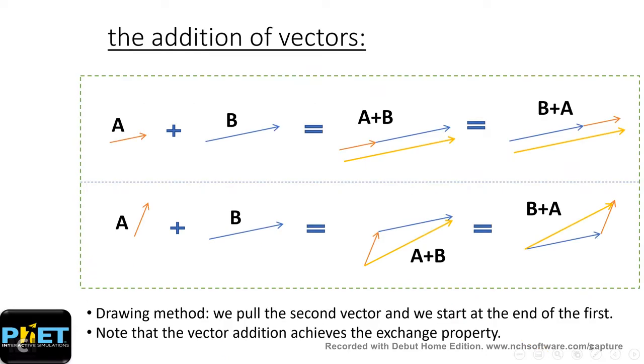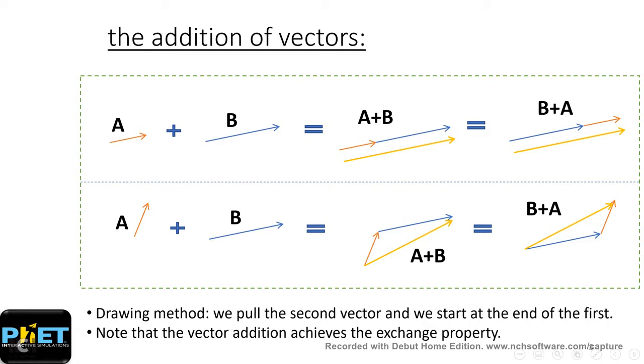If we look at the addition of vectors, we have these two vectors in the same direction, A and B. In bold fashion, we don't have an arrow over A or B. If we need to add A plus B, we need just to take A and drag B and put the start point of B at the end of A, head to tail, and then we can add them together.